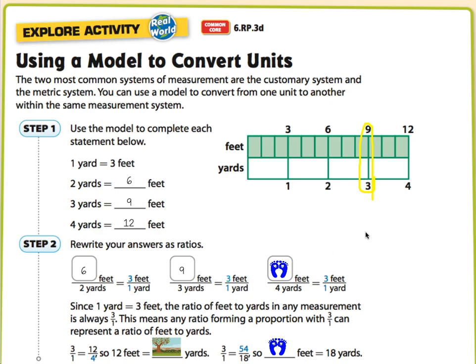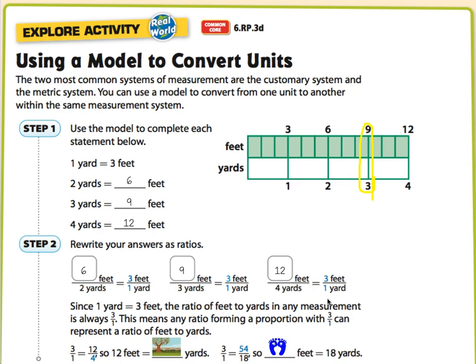And again, if I look at 12 feet for every 4 yards, and reduce it yet again, I find that I have the same unit rate.